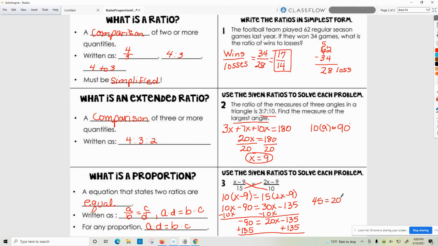Equaling to that 20x, and then I'm just going to divide by 20. So the x that's going to keep my proportion true is going to be 2.25. So that's what we're going to be practicing on today to get us ready to be able to do some similarity things as well. So good luck.